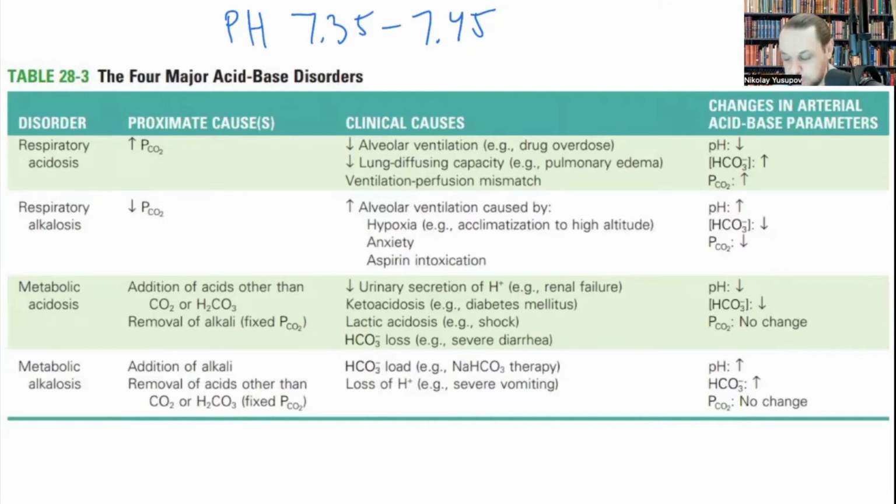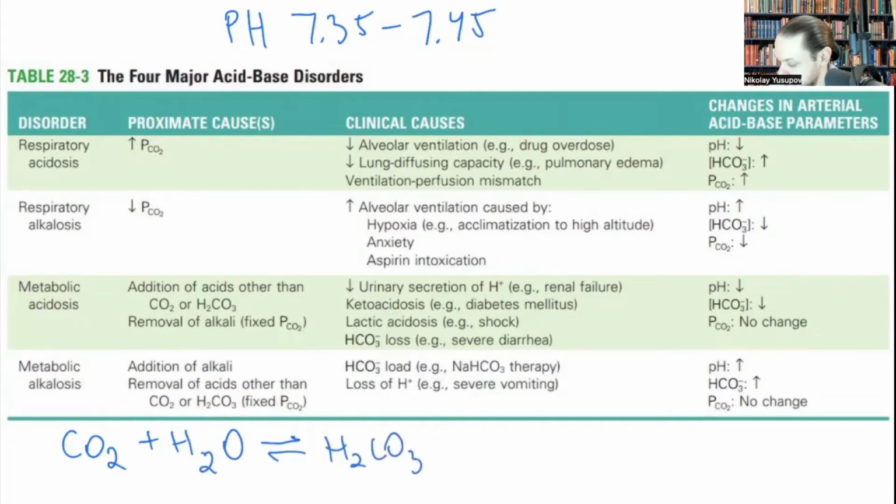You remember in the respiratory lecture I was showing you this formula: carbon dioxide combines with water, turning into carbonic acid, and this can further dissociate into hydrogen ion plus bicarbonate. Do you remember this, or does this look foreign and unusual?